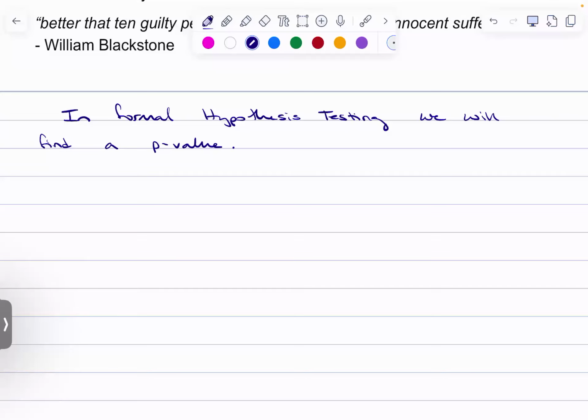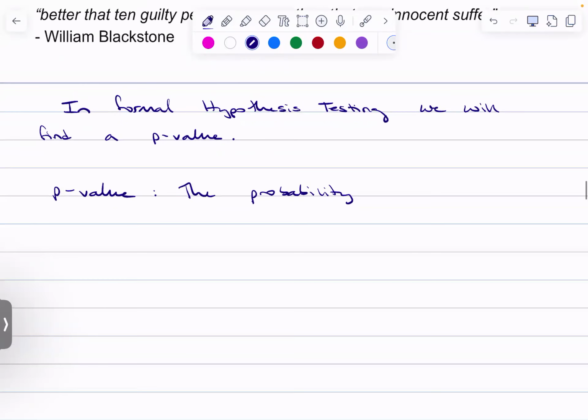So let's see, what is the p-value? The p-value, it is a probability. In fact, it's the probability of seeing an observation as extreme or more extreme than what we saw.